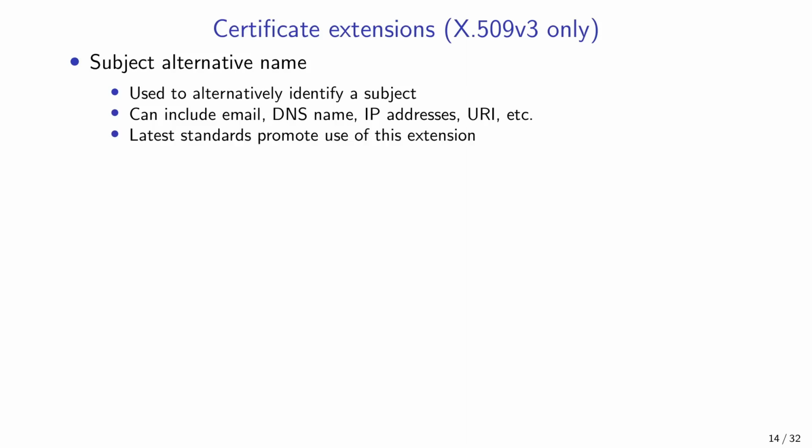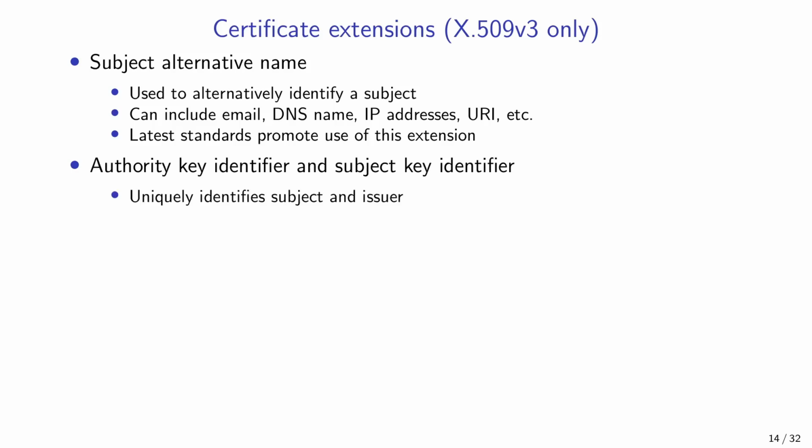The latest standards promote use of this extension to identify the subject because the distinguished name is quite limited in what it can contain. The authority key identifier and subject key identifier extensions help to uniquely identify subject and issuer certificates. The authority key identifier in the certificate should match the subject key identifier contained in the CA certificate that issued it. So this helps certificate path validation algorithms to more easily locate the corresponding issuer certificate.